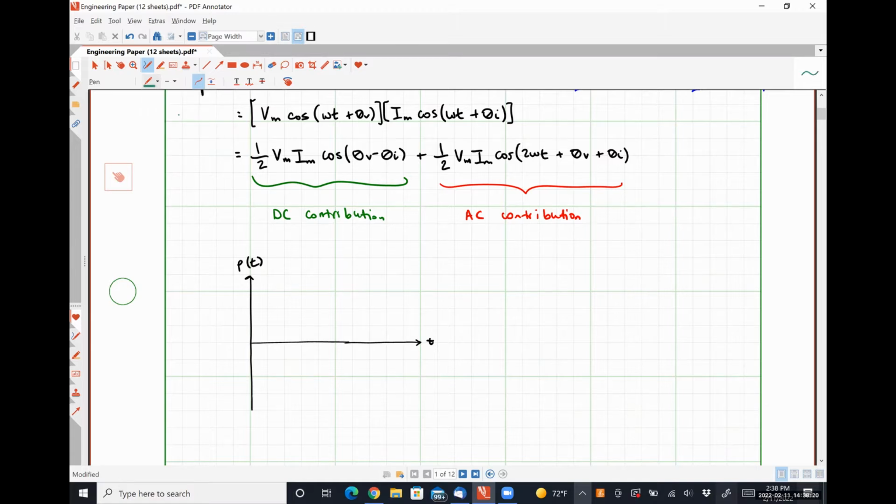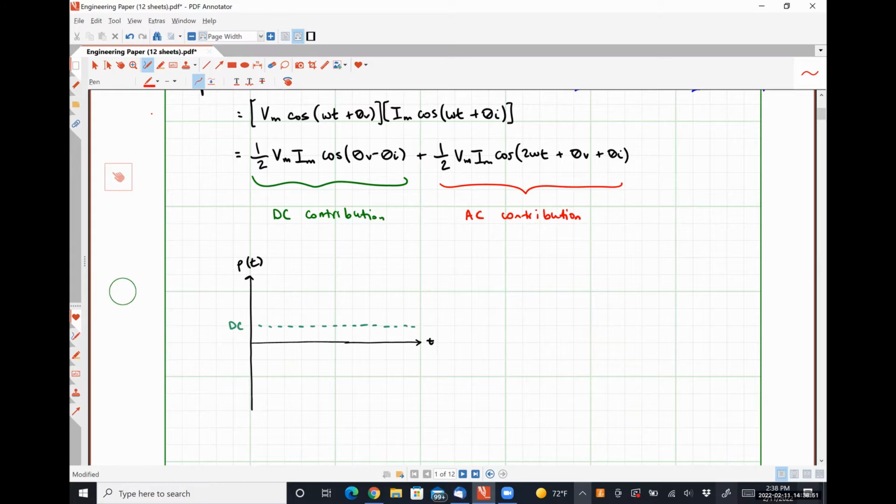So what the DC contribution does is it gives me an offset, which for this particular case, I'm going to consider to be a positive quantity. So the green bit represents my DC contribution. And then superimposed on top of that DC contribution is going to be the AC part.